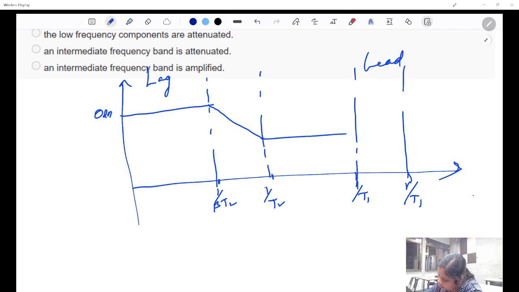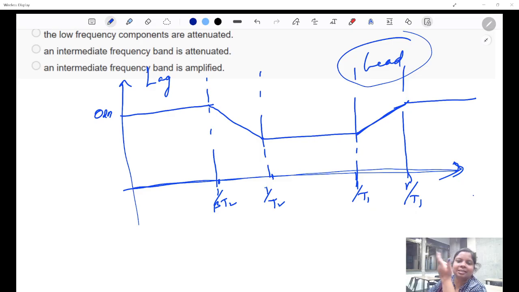It would stay here. Then it would rise again because of lead, be here. So what is happening here? We are having a higher bandwidth because the lead compensator is there. At the same time, we are having low steady state error because the gain here is high.